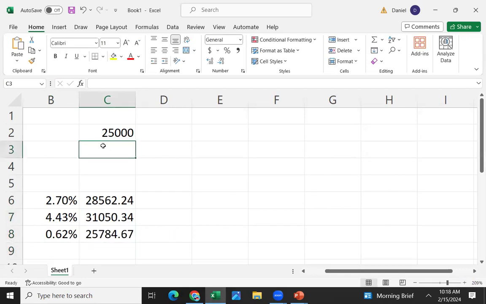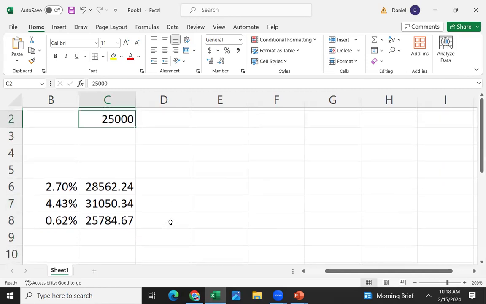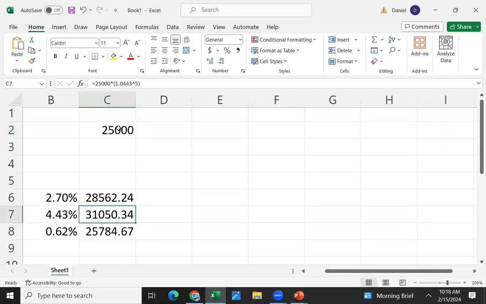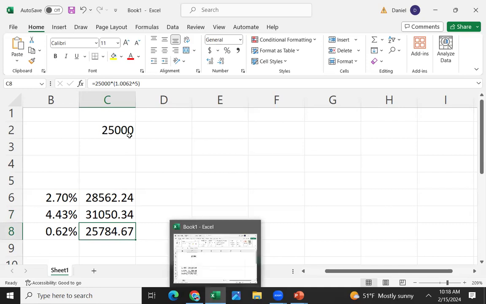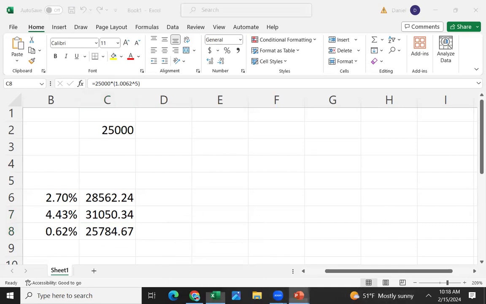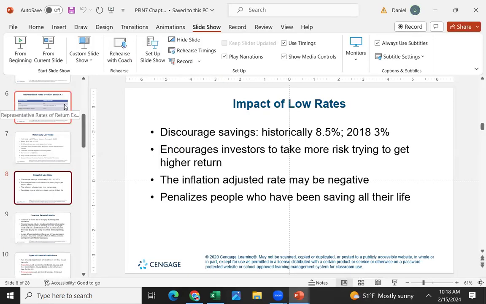So this shows you that when interest rates are high, look at the difference there between the highest and the lowest. So here your money grew 6,000 versus here your money only grew about $784 over a period of 5 years. So the interest rates do have an effect on money, and you are penalized for saving when they're low.